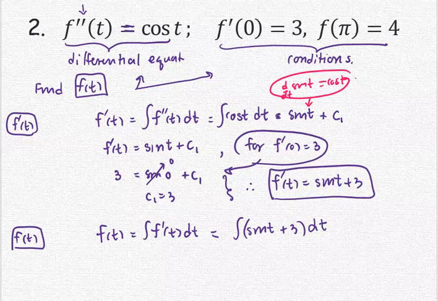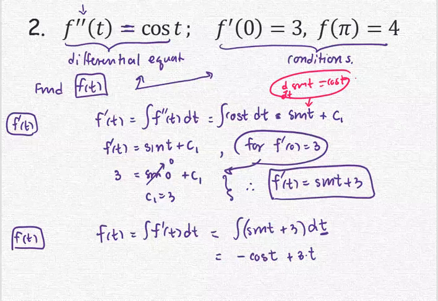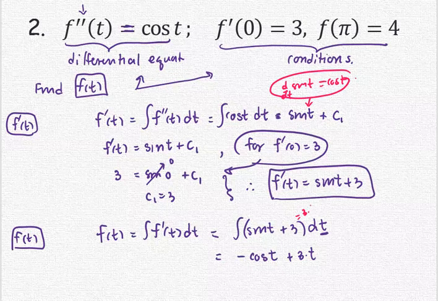The antiderivative of the sine function is negative cosine t plus a constant. The antiderivative of 3 is 3 times the independent variable, which in this case is t. Or you can think of 3 as 3 multiplied by t to the power 0, so we get 3 times t to the power 1 divided by 1.